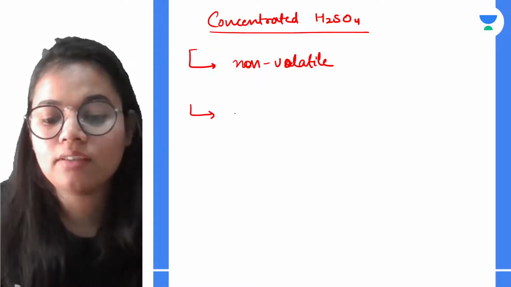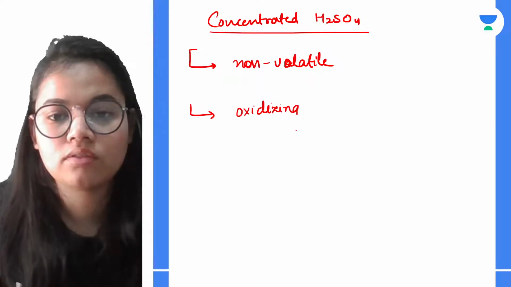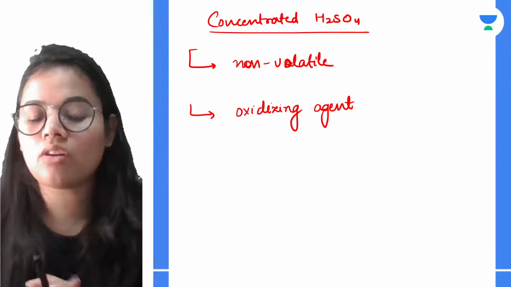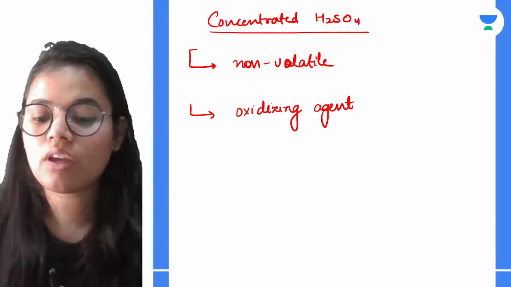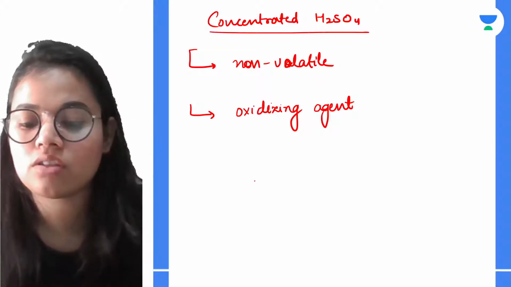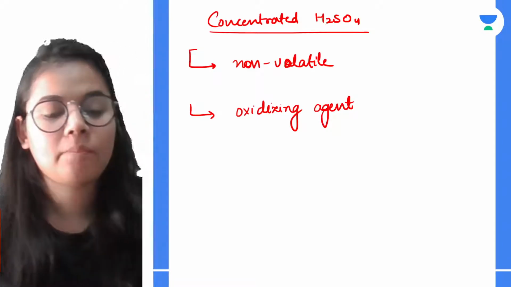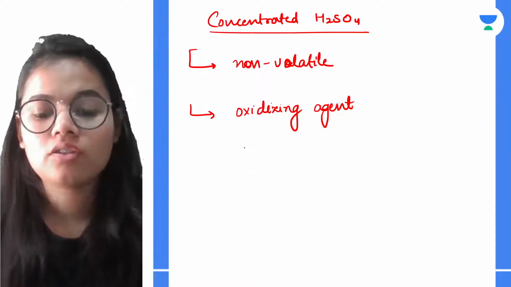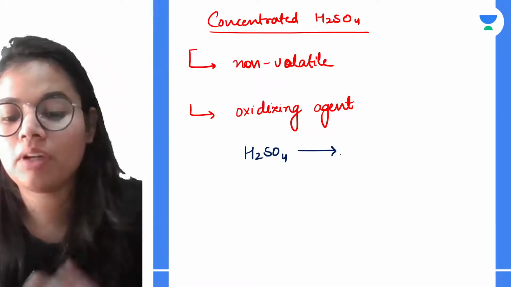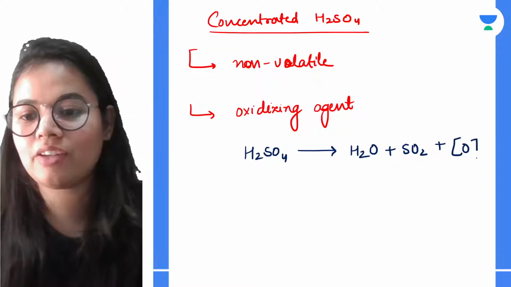Then it can be used as an oxidizing agent. It acts as an oxidizing agent, and on thermal decomposition it also gives nascent oxygen. So sulfuric acid, when it undergoes thermal decomposition, leads to the formation of water, sulfur dioxide, and nascent oxygen.